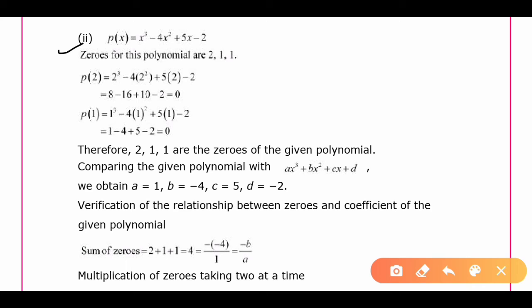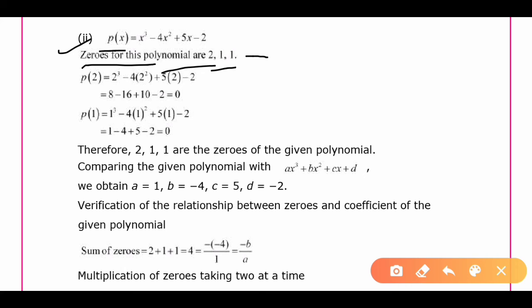Second part. The polynomial is given by p of x equals x cube minus 4x square plus 5x minus 2, and the zeros of this polynomial are 2, 1, 1.